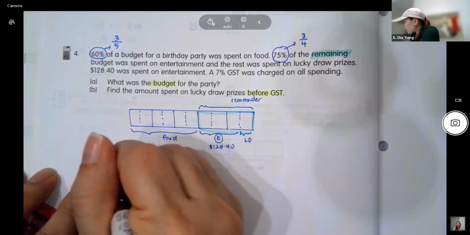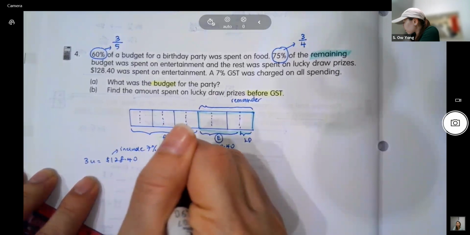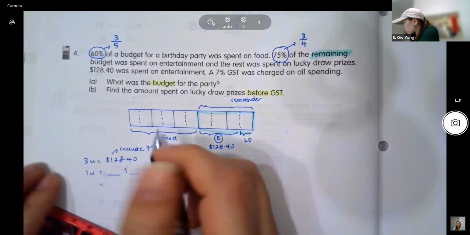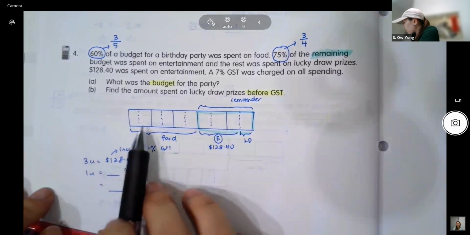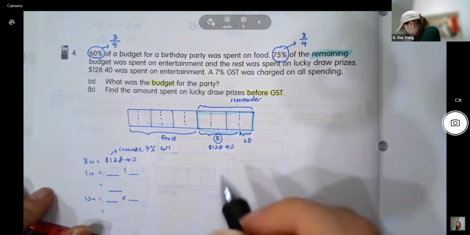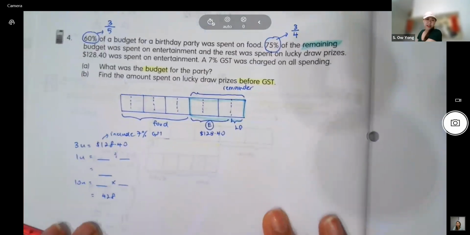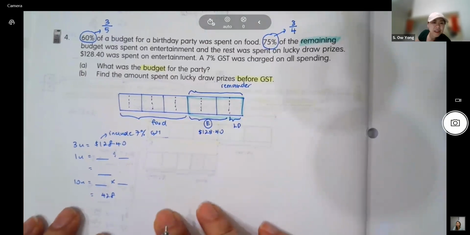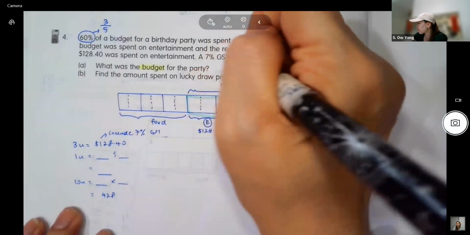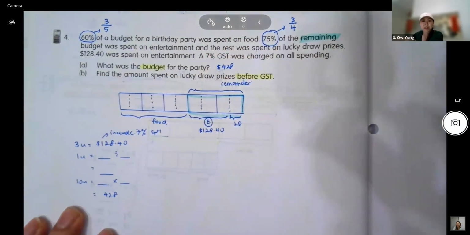This one includes GST already. You find 1 unit, and then you can find 10 units. Okay, you will get the answer 428. I want you to find the intermediate steps. And this is the budget. $428. That is the budget.